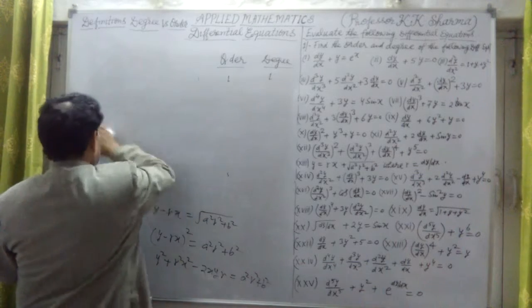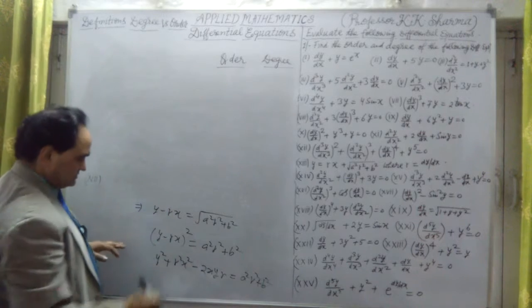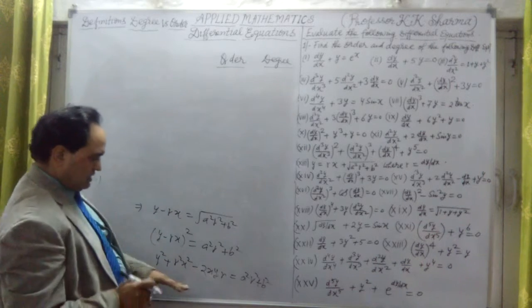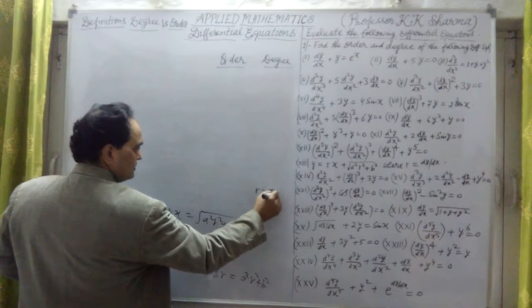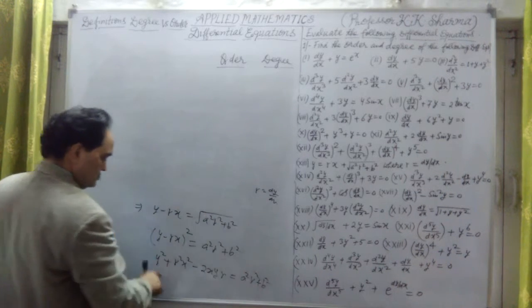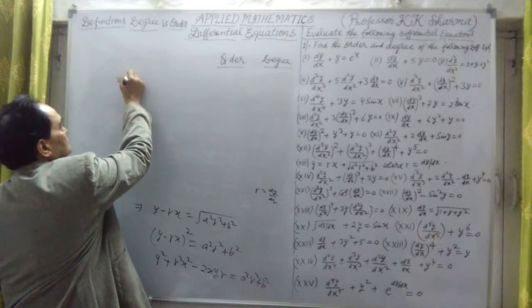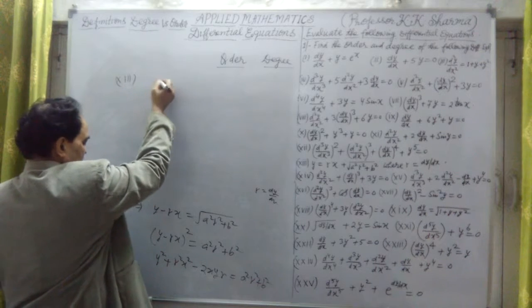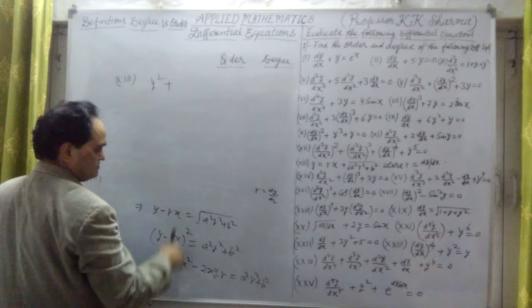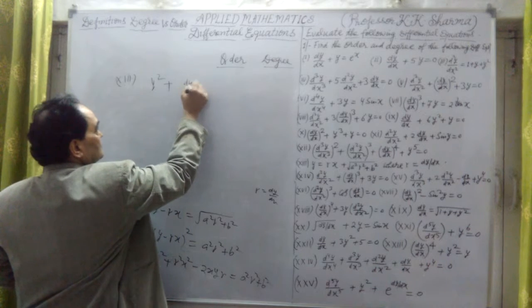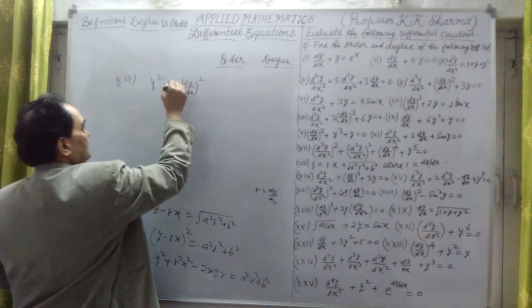This is question number 13 we are talking about. Now let me write what r is here. r is equal to d y by d x. So if I substitute this in question 13, we get y square plus r square, r means d y by d x, so it is d y by d x whole square into x square.